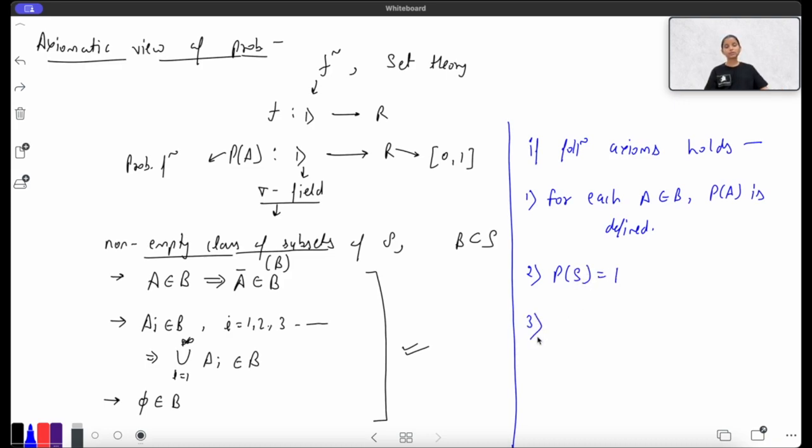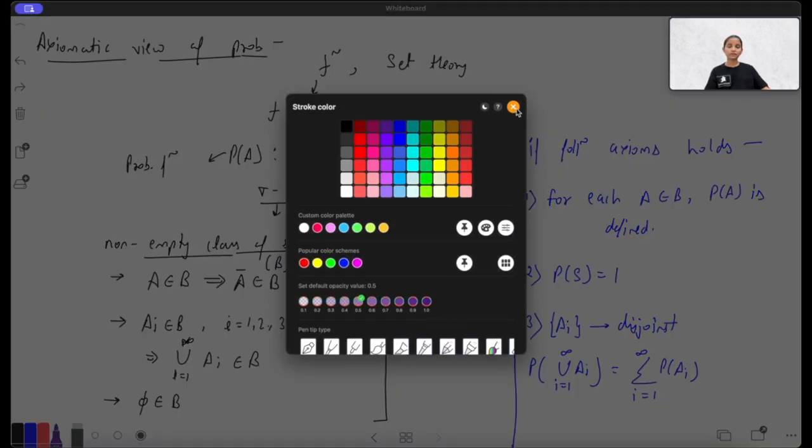Third axiom: if you have A_i, a sequence of events which are disjoint, then the probability of the union of A_i for i equals 1 to infinity is equal to the summation for i equals 1 to infinity of probability of A_i. These axioms have names.